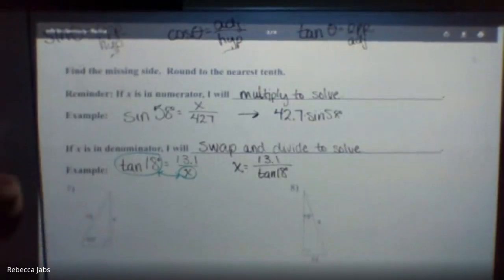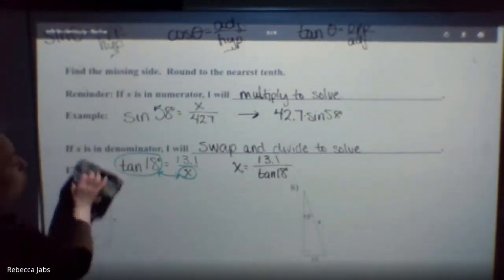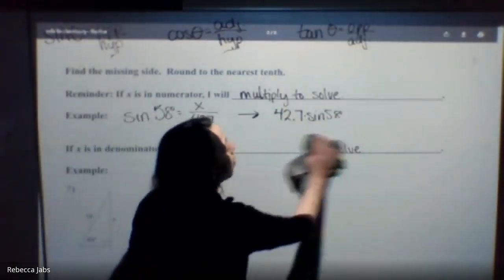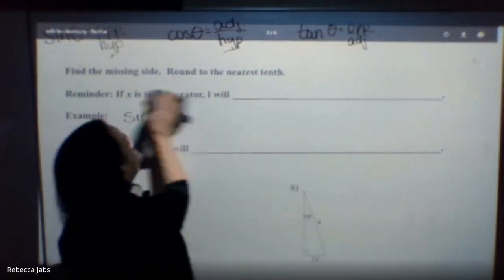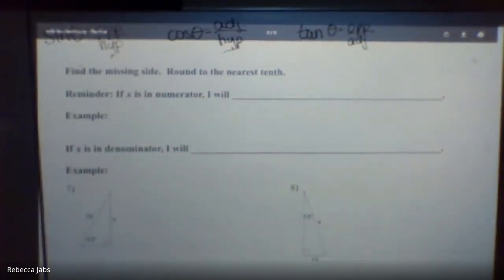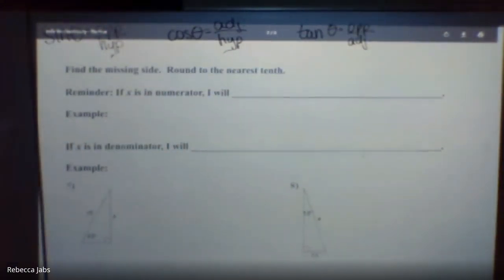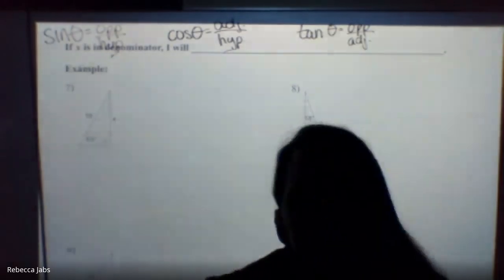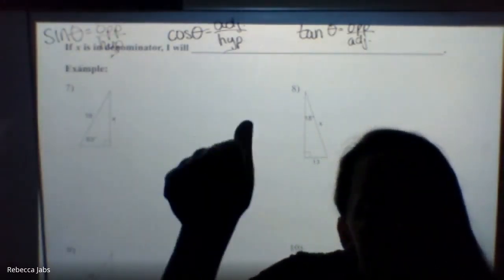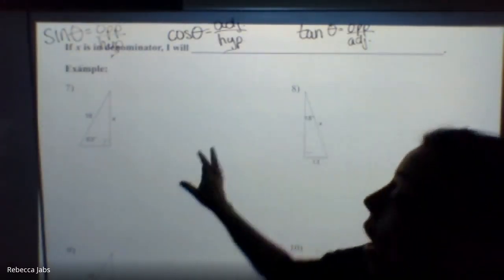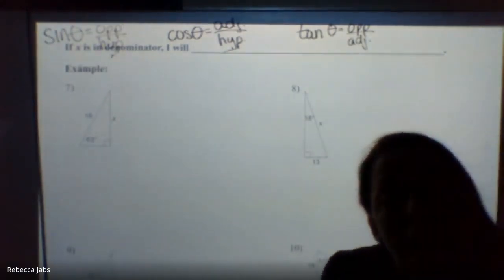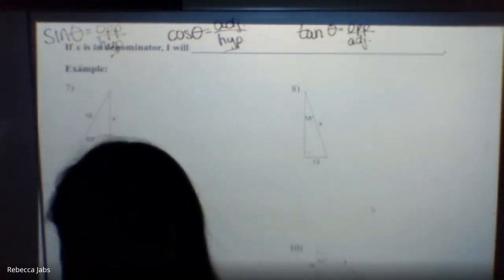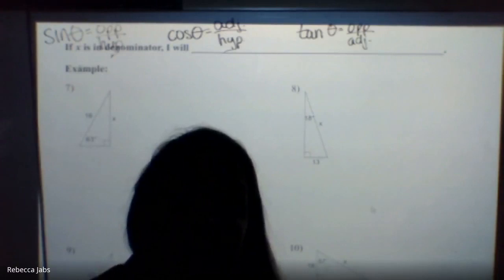All right. So now that I have that written down, I'm going to scroll up just a little bit more and we're going to solve a few of these problems. So number 7. Number 7, it's actually going to be very important that you realize what angle we're given. I know you guys can see number 7 on your computer screen, but sometimes it is very helpful to have you write this down.